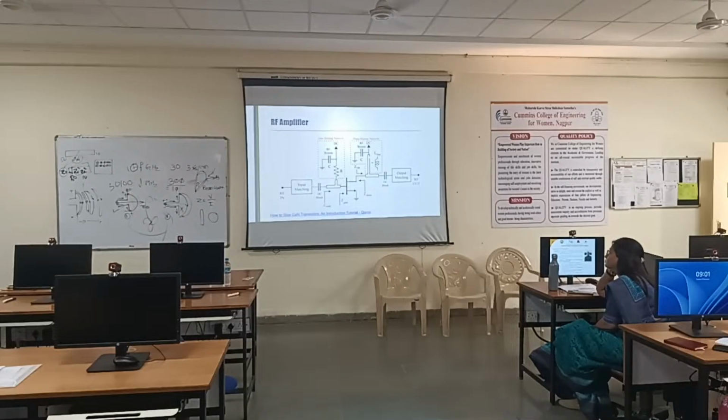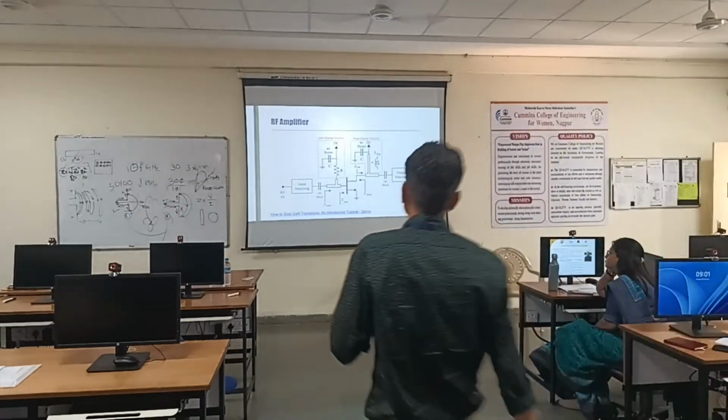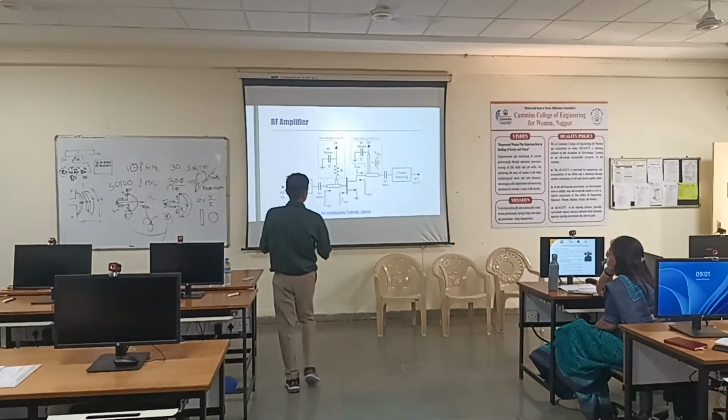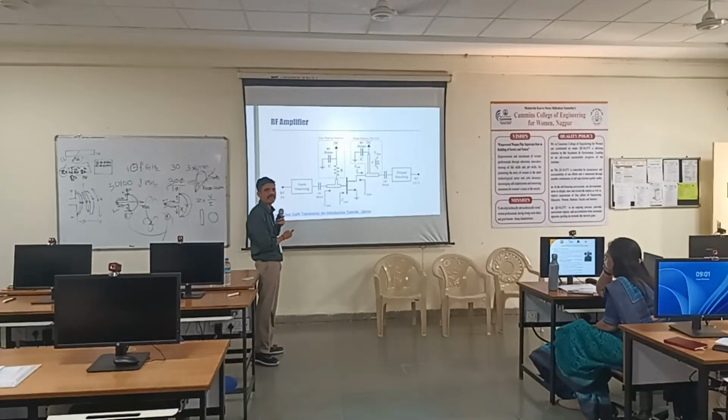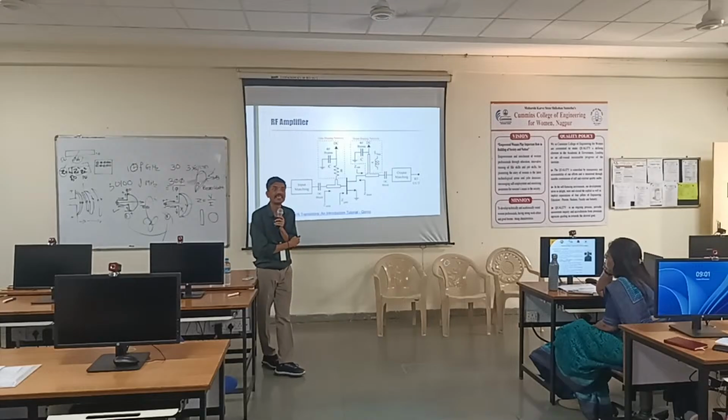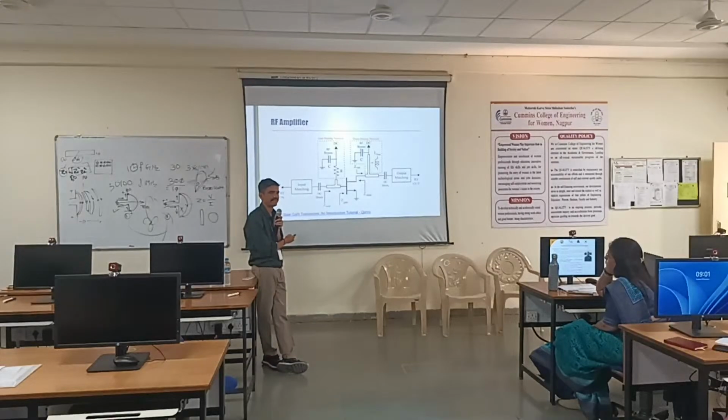Let us say if you have a short over here, what will happen? I'll tell you. Just one story I'll tell you and we'll quickly move on. Your DC is coming from here, right? Let us say 5 volt is coming. If somehow some ripples are there in your source, some AC ripples, maybe in band ripples, lower frequency ripples or high frequency ripples, whatever it is, what will happen?